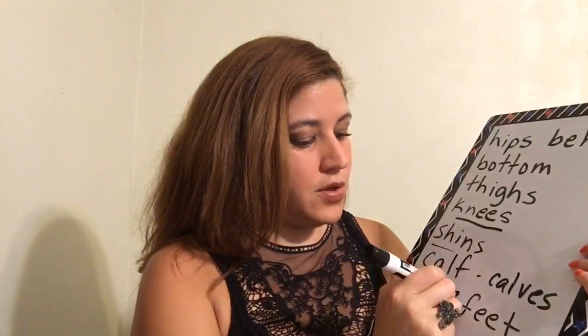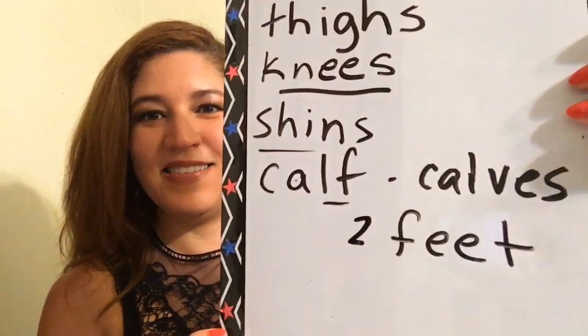How do we spell feet? F-E-E-T, your feet, okay? We say feet because it's plural. It's two of them. So I'm going to put 2 feet. Do you know the singular of this word when you have one?